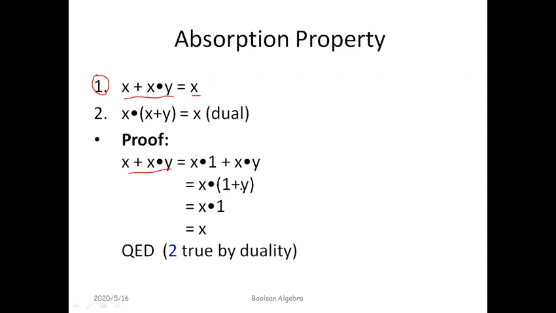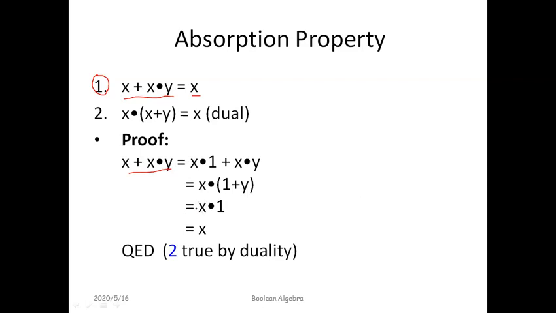This 1 plus y is an OR operation, and we mentioned that for an OR, whenever one of the inputs is equal to 1, it gives us a 1. So this is the 1 here. So for the 1 and the x, the solution will depend on what we put at x.